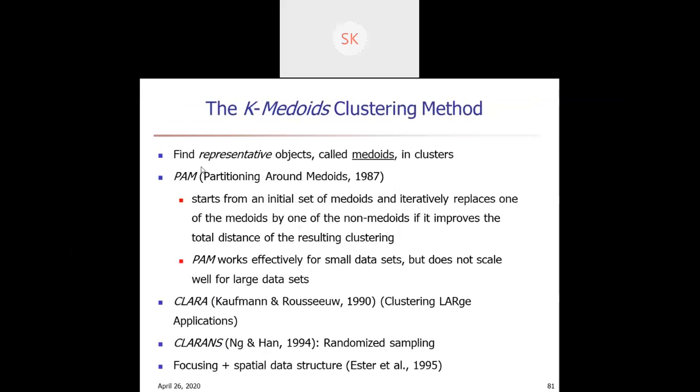So, the k-medoid clustering method finds a representative object called a medoid in the cluster. It is also termed partitioning around medoids. It starts from an initial set of medoids and iteratively replaces one of the medoids by one of the non-medoids if it improves the total distance of the resulting cluster.